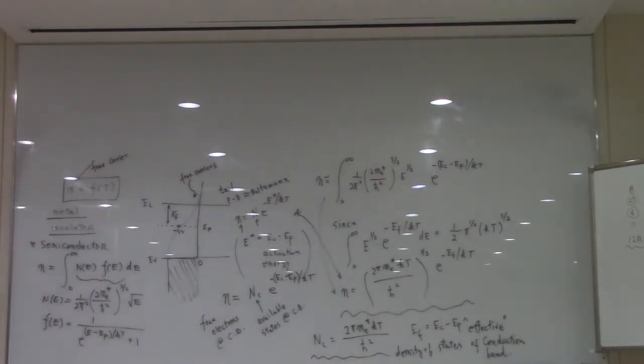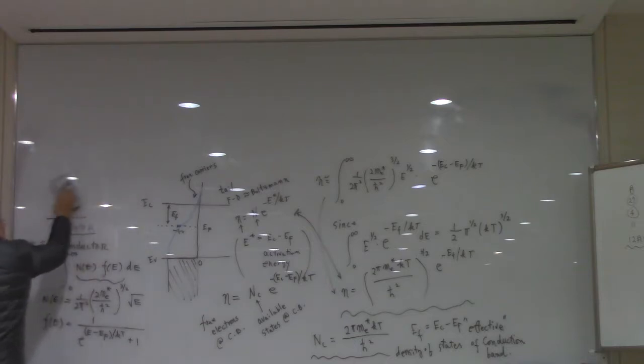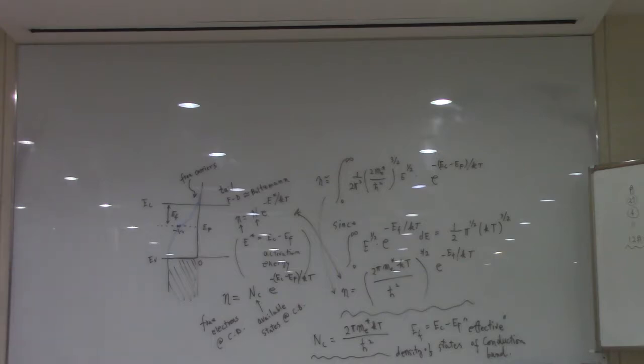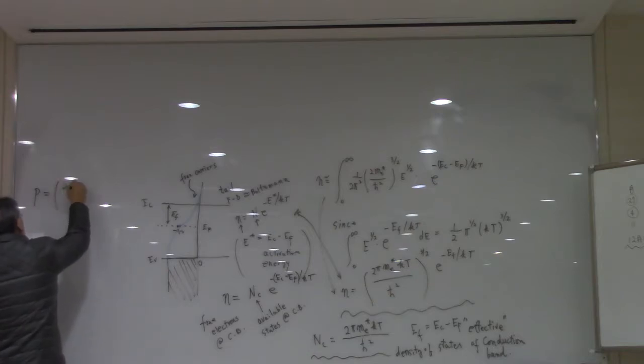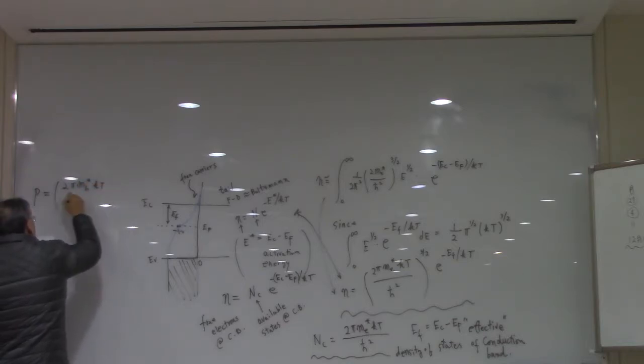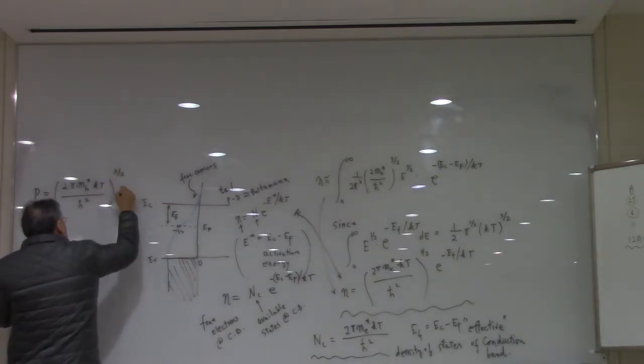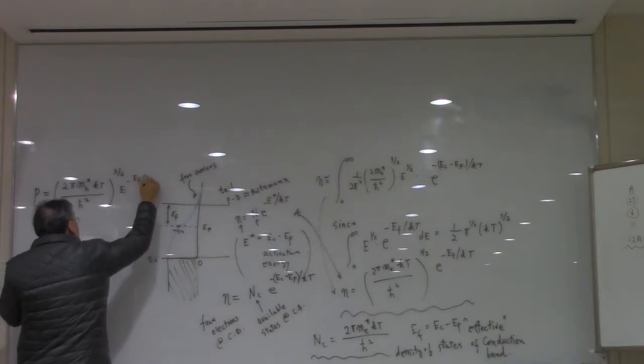And if you do the same thing for the holes, then you can easily find that the effective density of states in the valence band, which is 2 pi m hole, in this case, KT over H bar square, to the 3/2, e to the minus EF over KT.